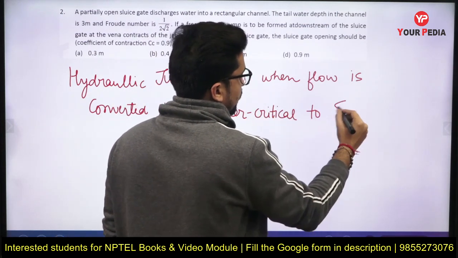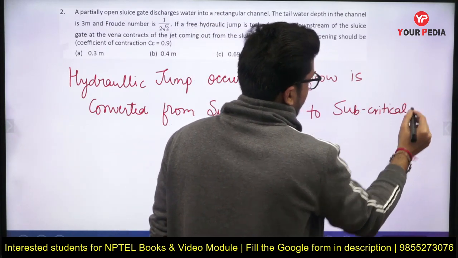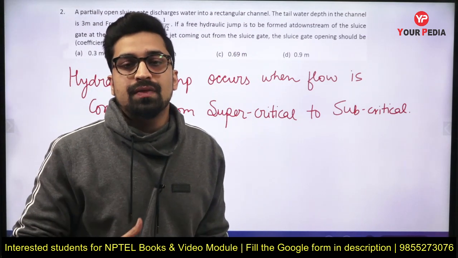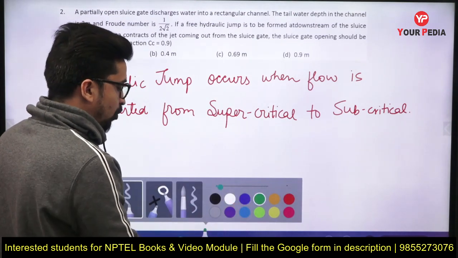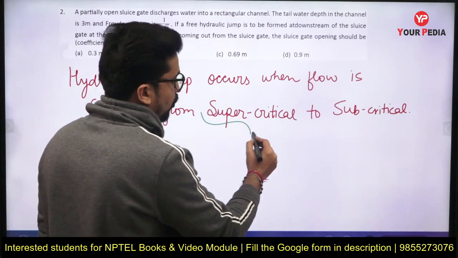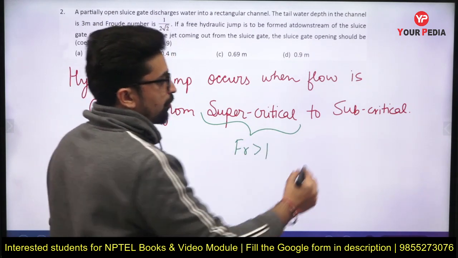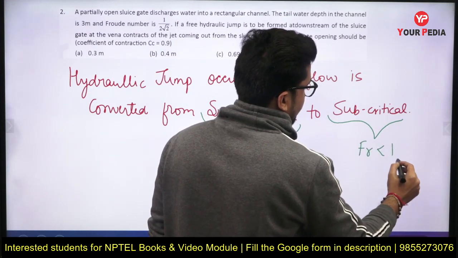So when a supercritical flow gets converted to subcritical flow, a hydraulic jump occurs. We know that for a supercritical flow the Froude number is greater than 1, and for a subcritical flow the Froude number is less than 1.